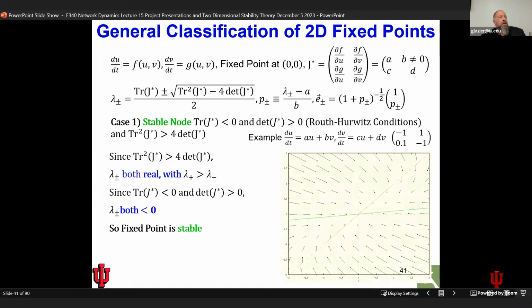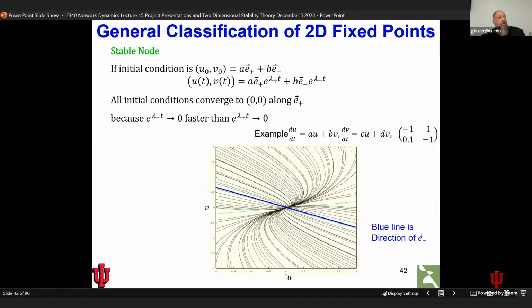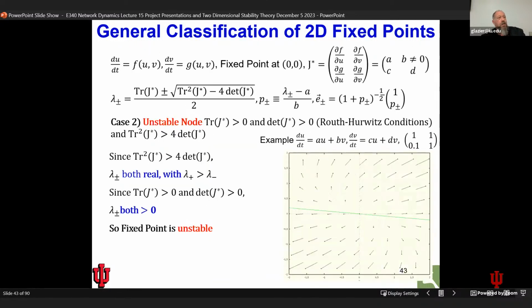It means that you can actually classify all of your fixed points based on two things, at least in 2 dimensions: the value of the trace of the Jacobian matrix and of the determinant. And I'll skip to the end here, you have a variety of different orbits that you can get.